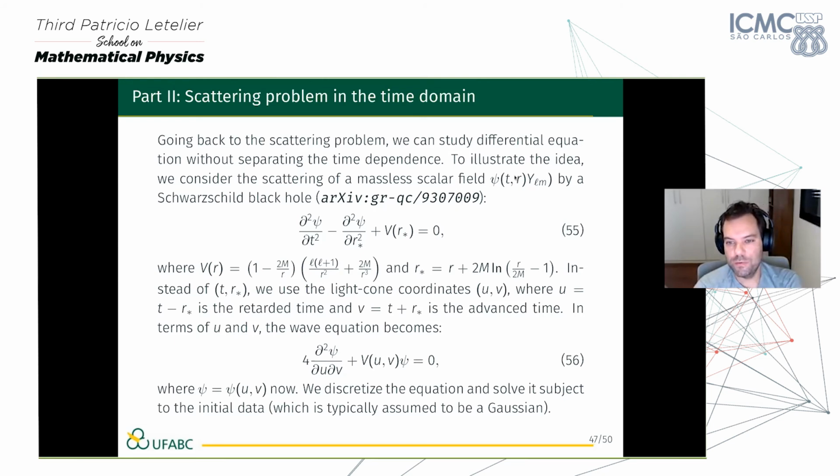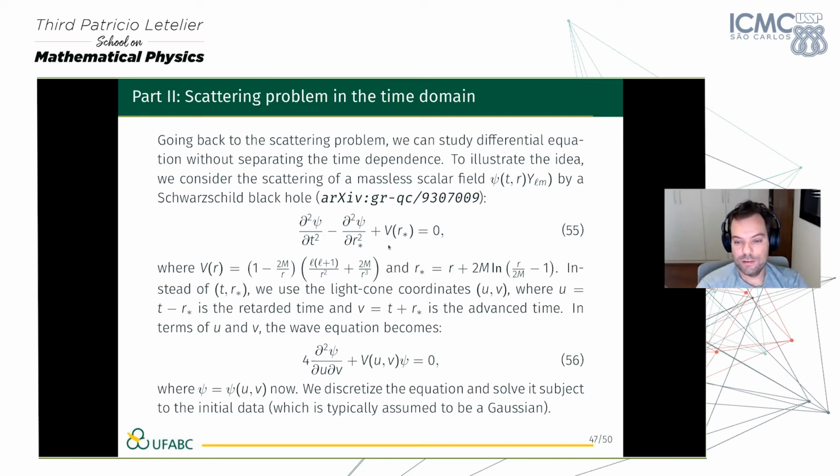As before, we separate the angular parts using spherical harmonics, and the time and radial components satisfy this differential equation, equation 55, which is the same we saw on Monday.